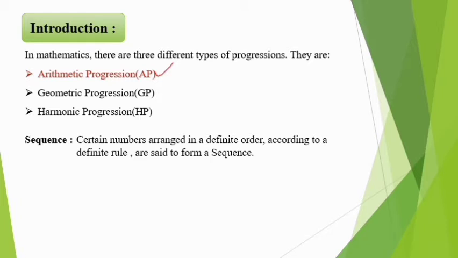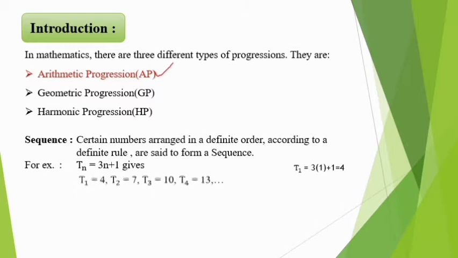Okay. For example, Tn equals 3n plus 1. Here we have the rule Tn equals 3n plus 1. Tn means the nth term. So if I put n equals 1, then our first term will be 4, and similarly if I put n equals 2, 3, 4, then we get our second, third and fourth terms respectively.